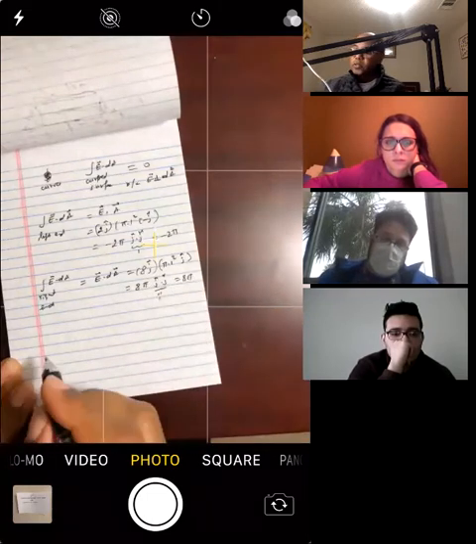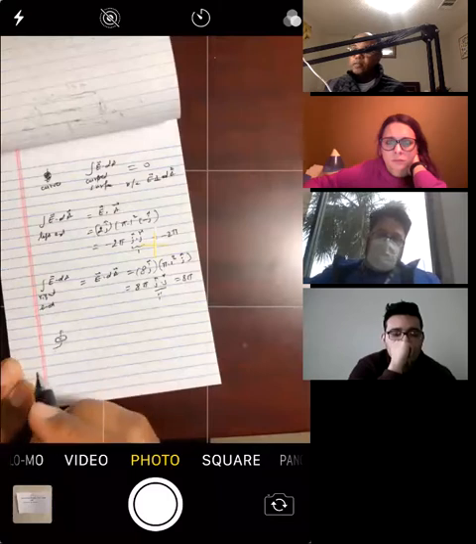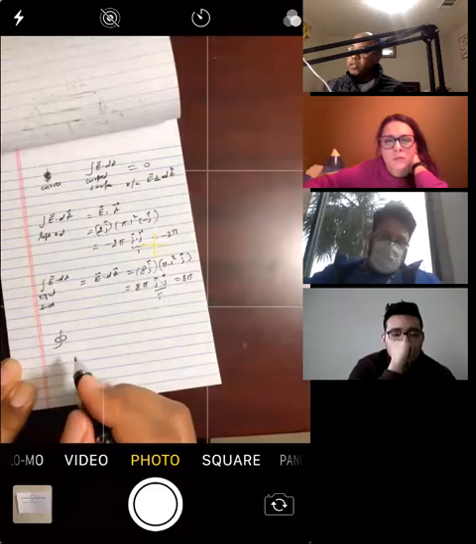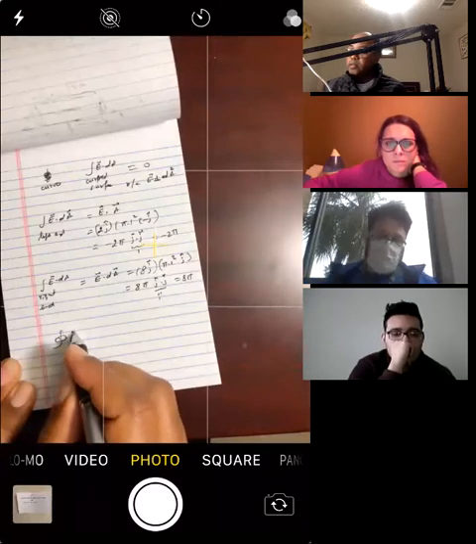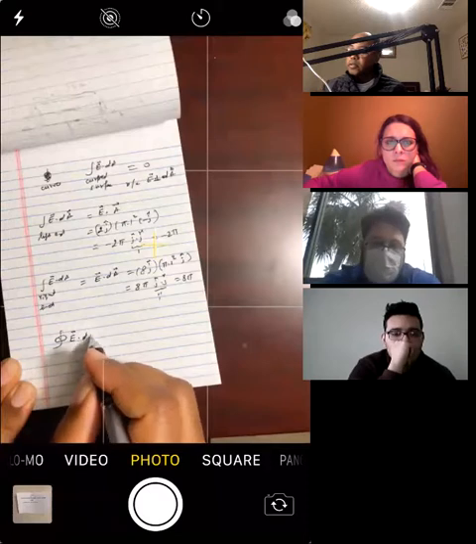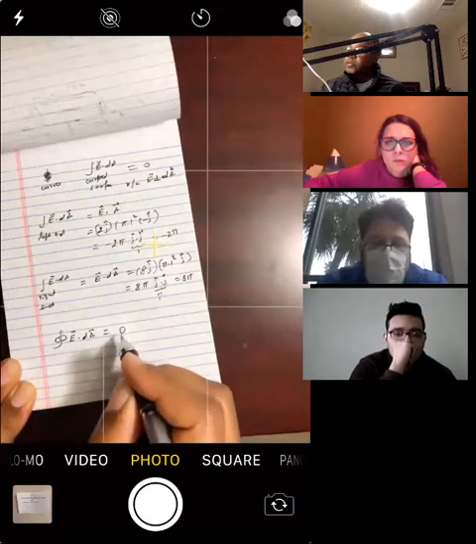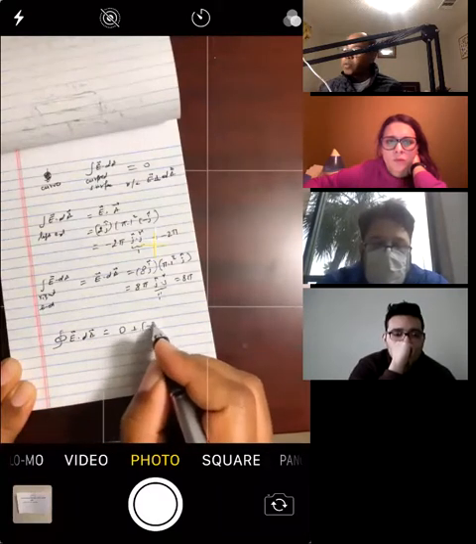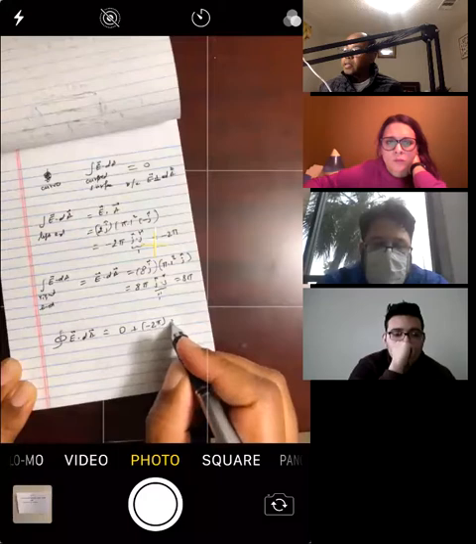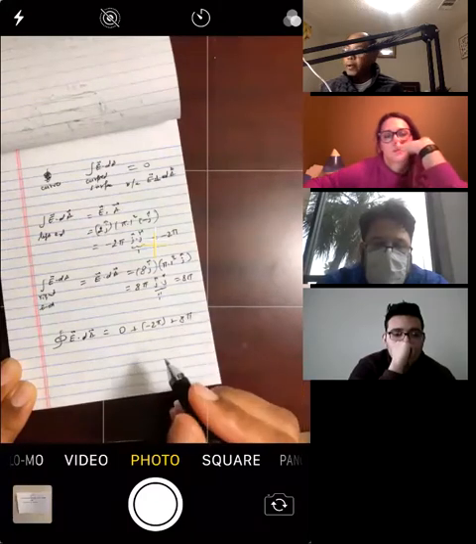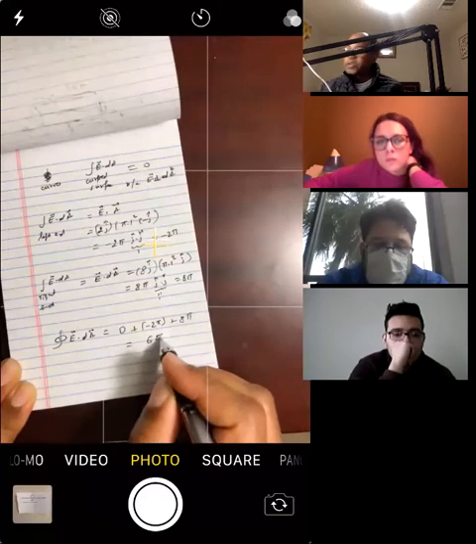So the total flux crossing this cylinder is 0 for the curved surface, negative 2 pi for the left end, and 8 pi for the right end. That gives you 6 pi.